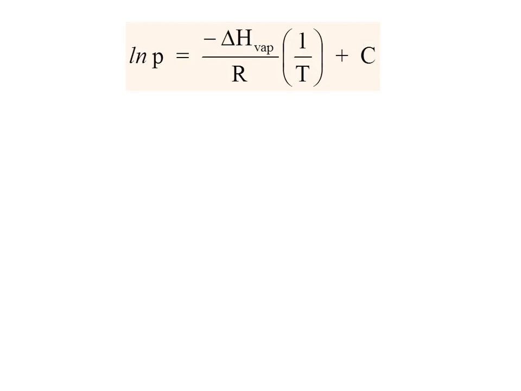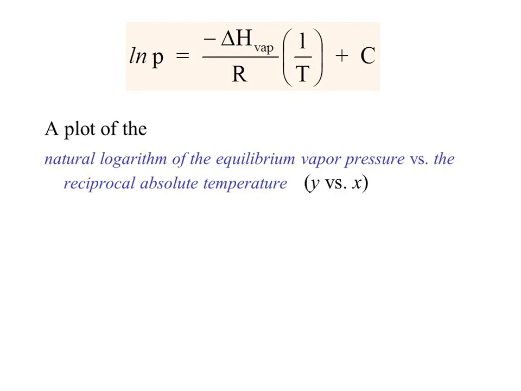So far, so good. Clausius Clapeyron plots. We're going to make one here in a minute. Okay, so again, along the y-axis is the natural log of the vapor pressure, and along the x-axis is going to be the inverse of the temperature. The temperature has to be in units of Kelvin.